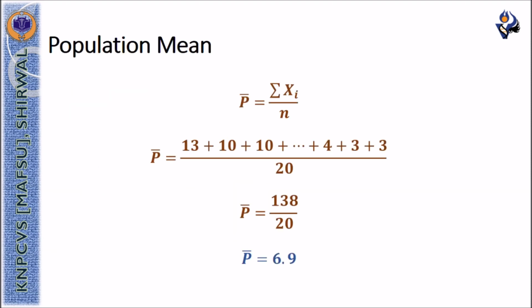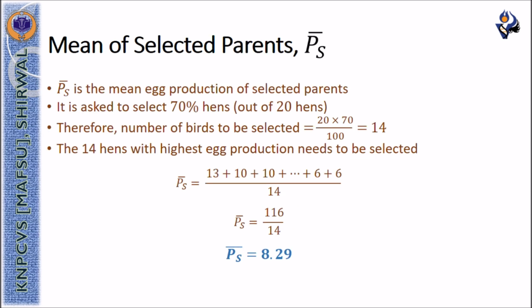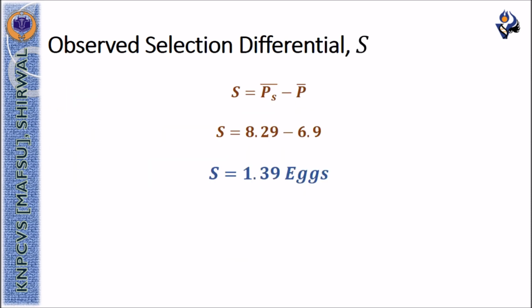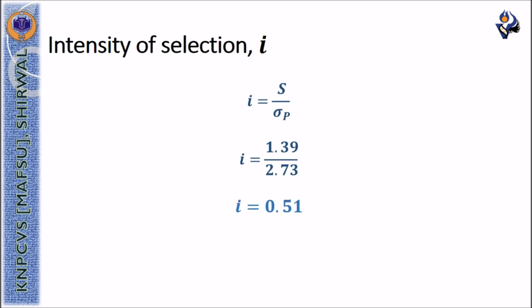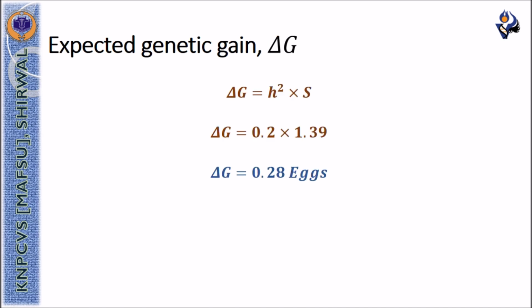First, the population mean is calculated as 6.9. Mean of selected parents is calculated as 8.29, and therefore observed selection differential comes to 1.39 eggs. Phenotypic standard deviation comes to 2.73, which is used to calculate intensity of selection, which comes to 0.51.